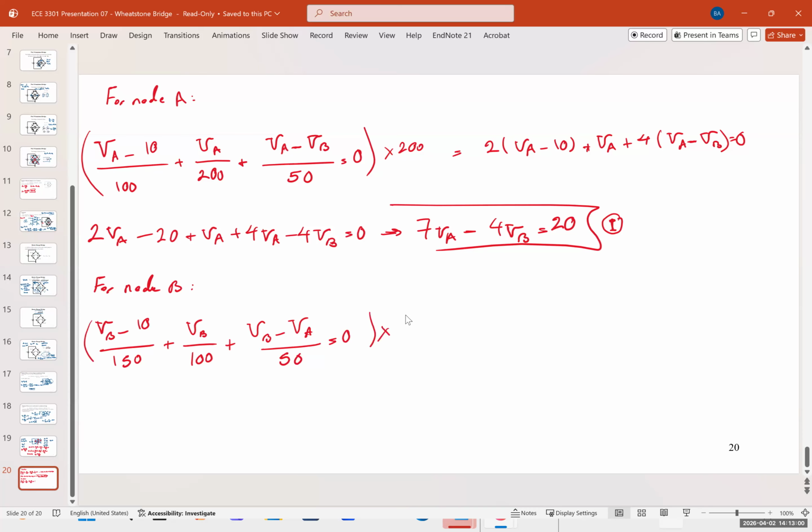It's better to multiply this by 300. Gives us 2 VB minus 10 plus 3 VB plus 6 VB minus 6 VA equal to 0.